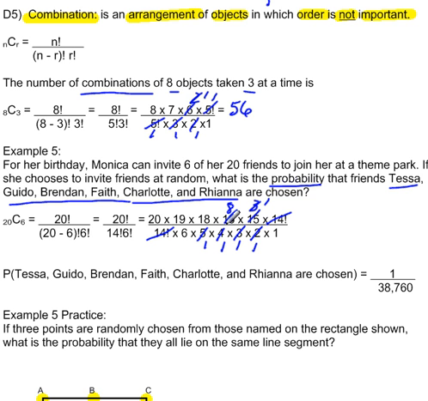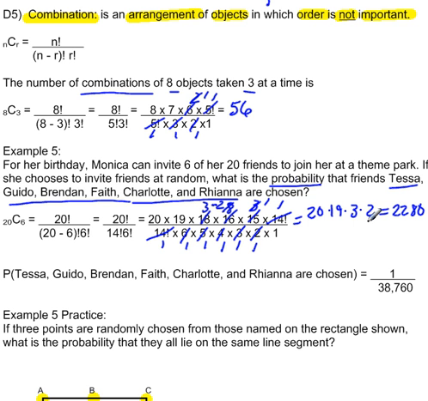I could cancel my 4 with my 8 and make that a 2. 6 goes into 6 one time, and it goes into 18 3 times. So this is what I have left: 20 times 19 times 3 times 2. Everything else came out to ones. Okay, so your answer is going to be 2280. All right, so your probability that they were chosen, oh, it's wrong.